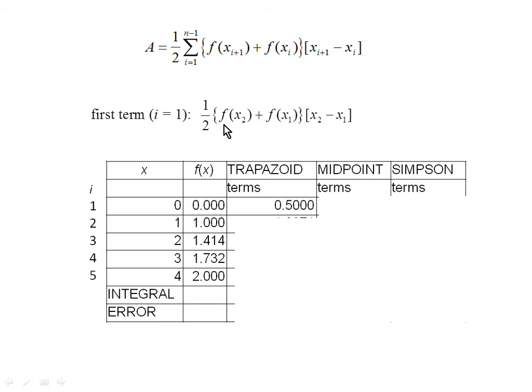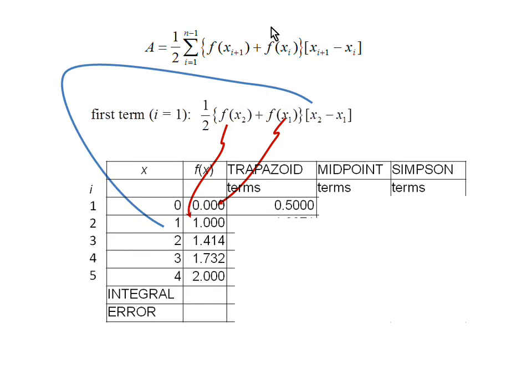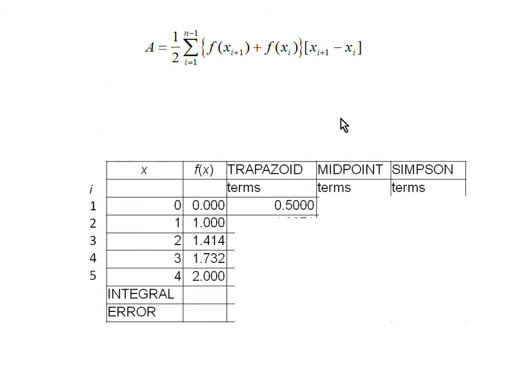We evaluate f at x2, which is that point, add it to f at x1, which is that point, multiply it by x2 minus x1, and then divide by 2. When we do that, we get 0.5. So the first term for I equals 1 is equal to 0.5.